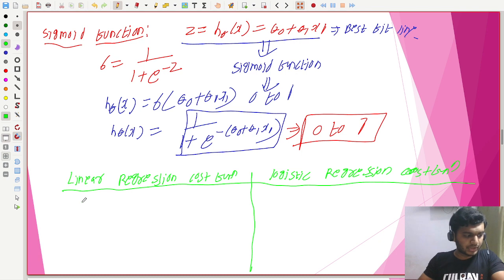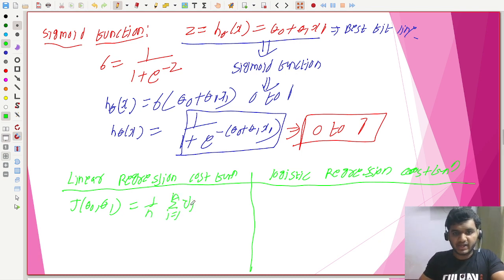Here j theta 0 theta 1 is our equation in linear regression, that is 1 by n summation i equals 1 to n of yi actual minus predicted, whole square.